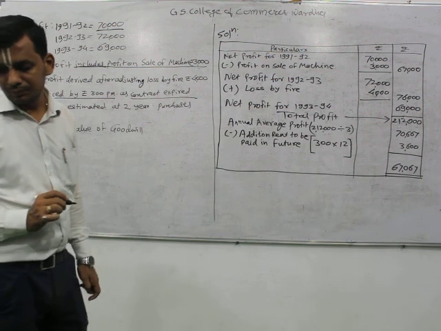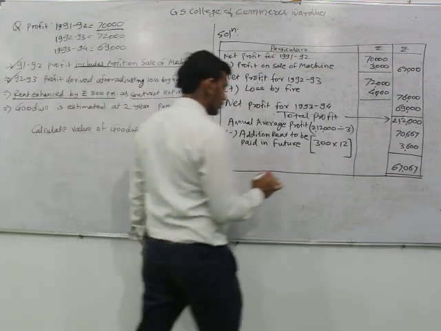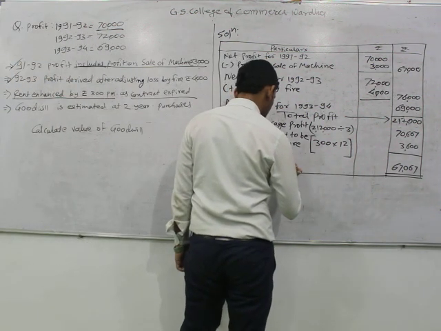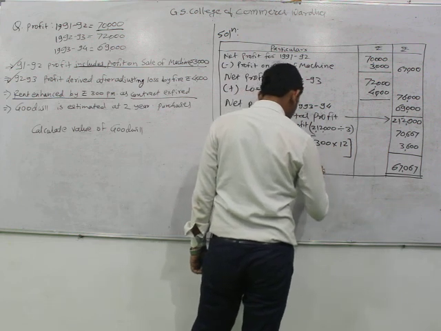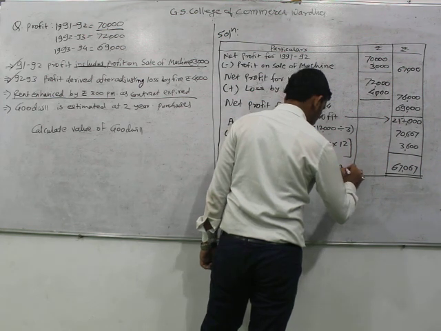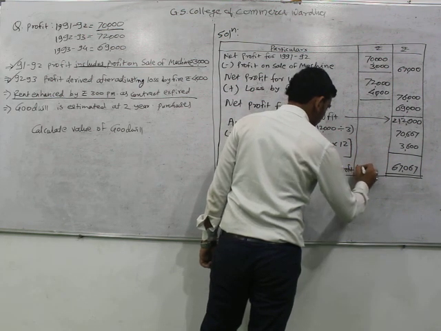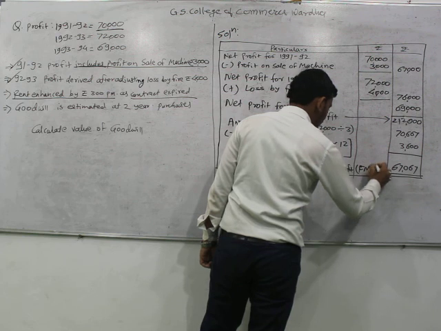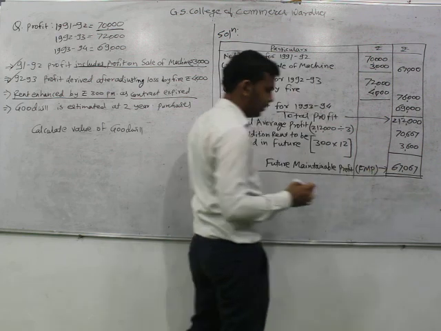This is our future maintainable profit, which we also write in formula as FMP.